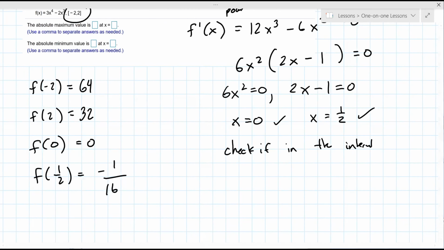Okay. So I could ask a 2-year-old this question: which is the biggest number? And you're like, oh, it's 64. So that's your absolute max. Your absolute max is 64, and it's at x equals -2. Okay. What's the smallest number? Well, it's -1/16 at x equals 1/2.